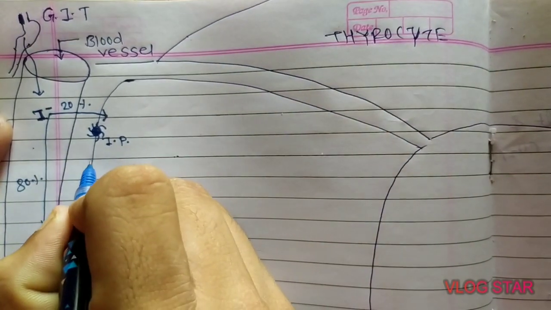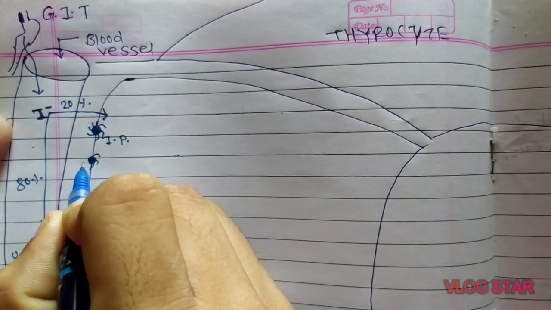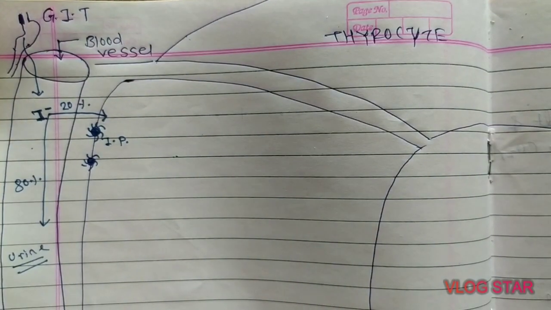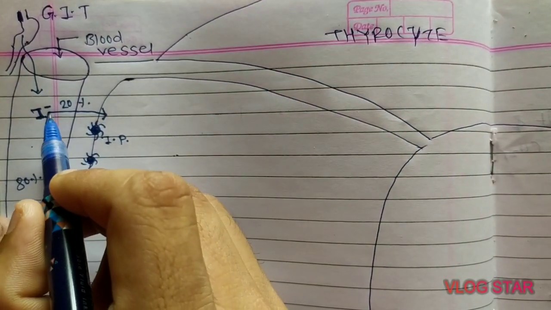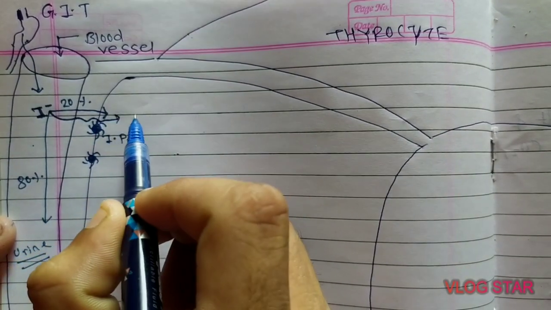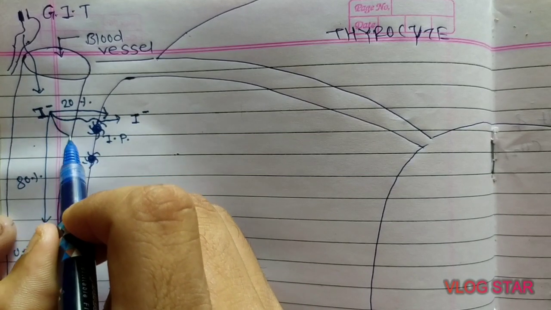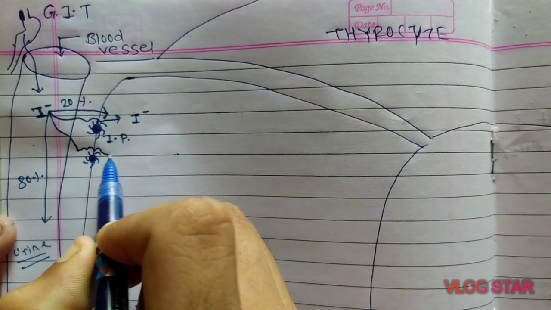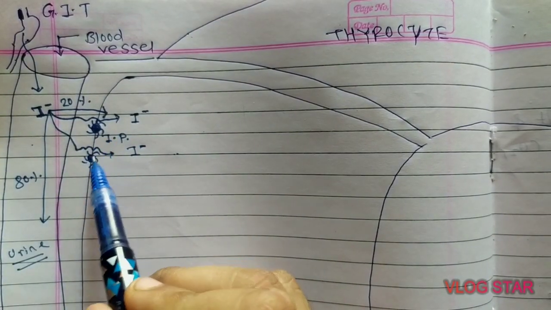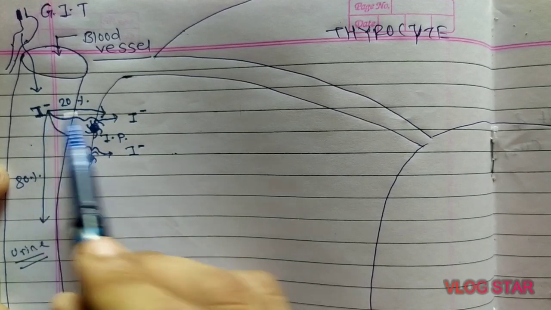This is one iodide pump, this is the next iodide pump. So the iodide molecule comes and finally enters into the thyrocyte cell. With the help of this iodide pump, about 20% of iodide molecules enter the thyrocyte cell.